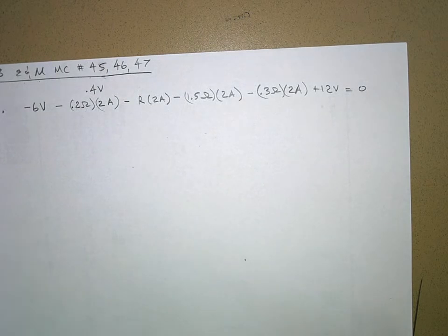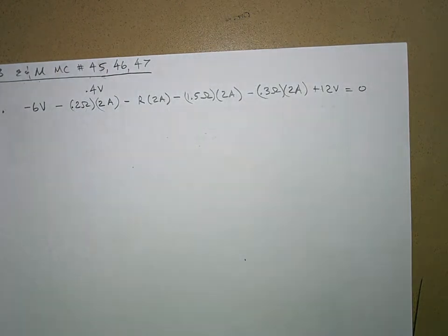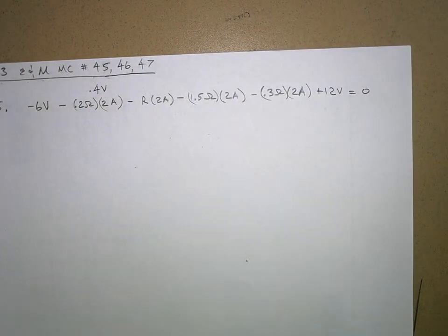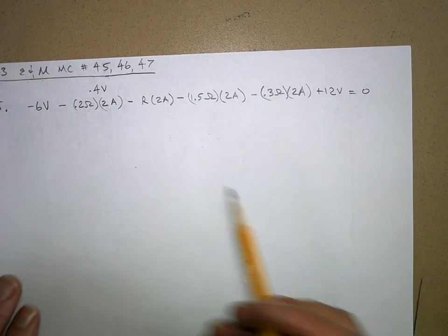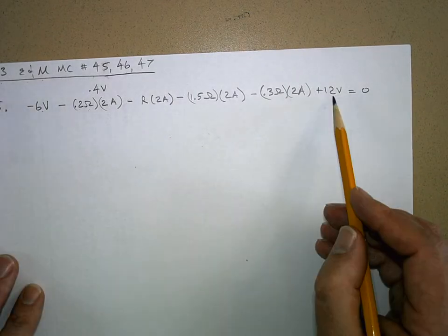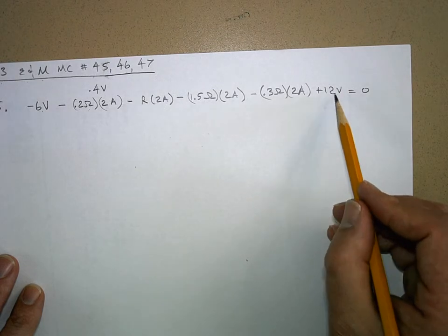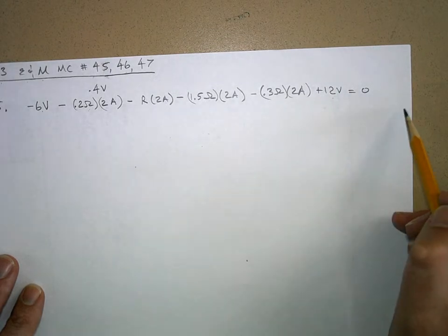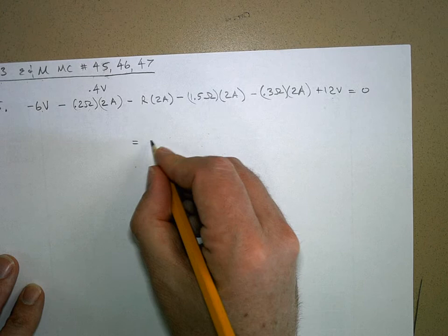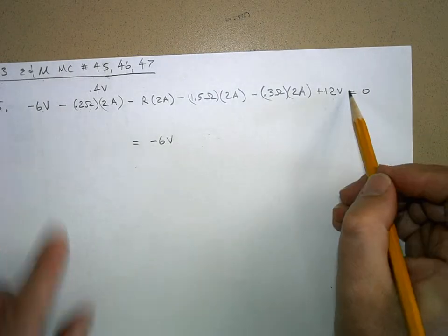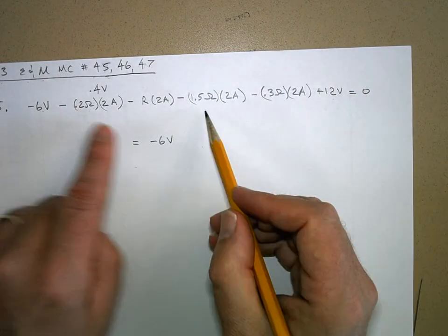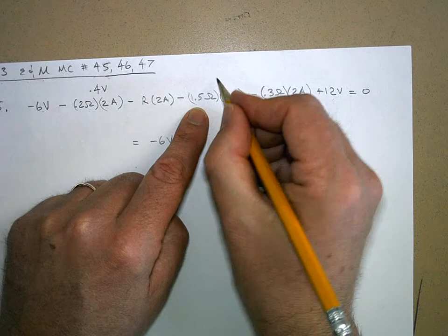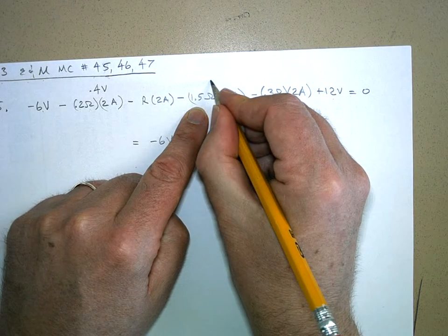Now again, this is multiple choice, right? So I would do this. You can almost do this in your head. So minus 6 plus 12 is 6, and then I'll put it on the other side. So this is going to be equal to negative 6 volts. And then here, this is 0.4. What is this? This is 3.